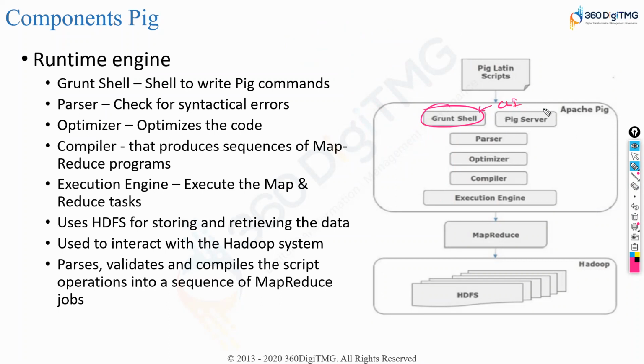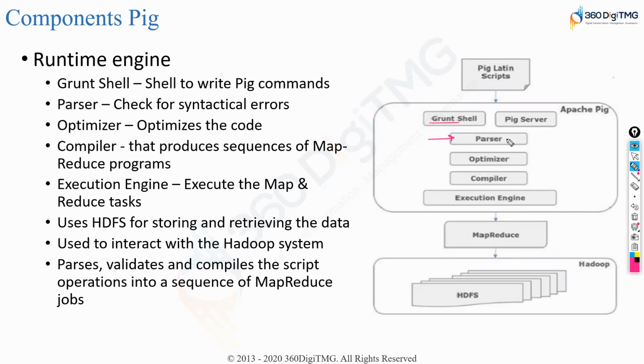It's nothing but a command line interface. For Linux, we have the terminal, the command line. Similarly, for Apache Pig, you get an interactive shell which is called the Grunt shell. The terminologies will be related to Pig only. Pig's grunt. That's how they communicate. So we have the Grunt shell.